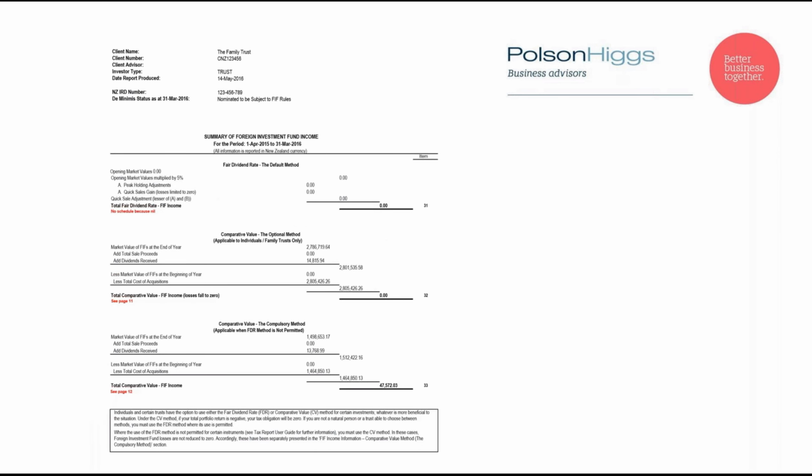Moving further into the report, I have my FIF calculation. These guys have done it for us. So remembering I excluded my 28,000 FIF dividends on the front page, and then they've done our calculations. So the top part is my FDR calculation. $0 opening market value. I didn't have any during the year. I purchased them all. 0 times 5% is 0.